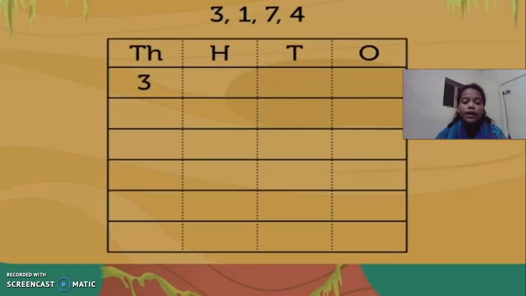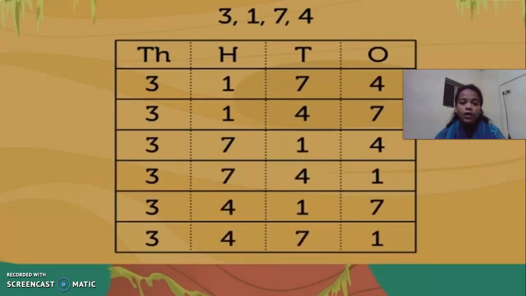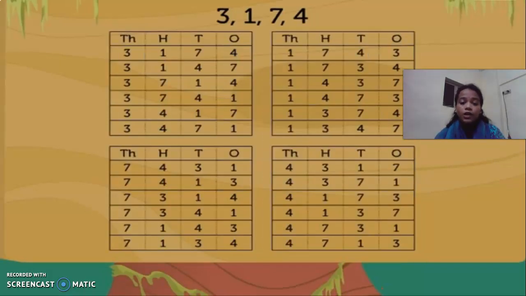Observe the chart and let's read all the numbers. Try to read all this number by taking the screenshot of my screen. These are all the numbers which can be made using the digits 3174. Wow! So many numbers can be formed using just 4 digits.